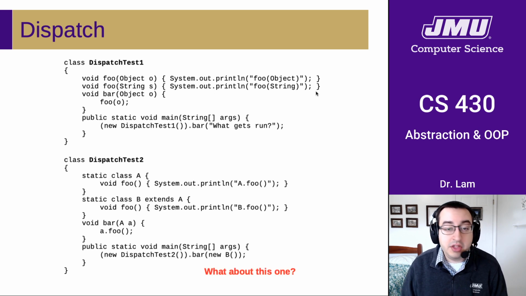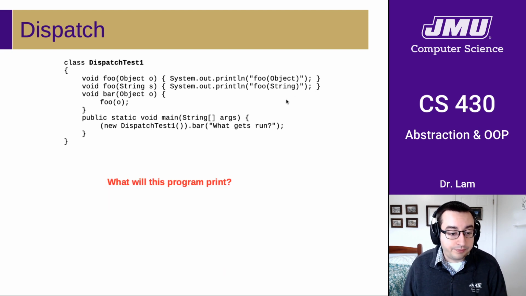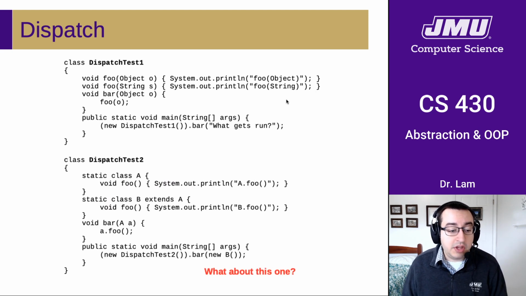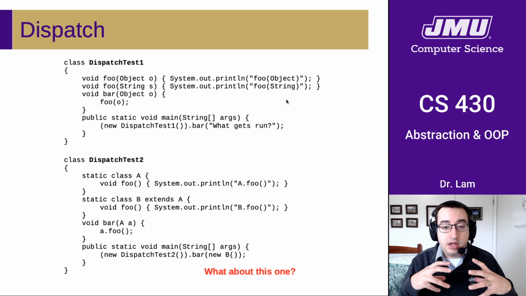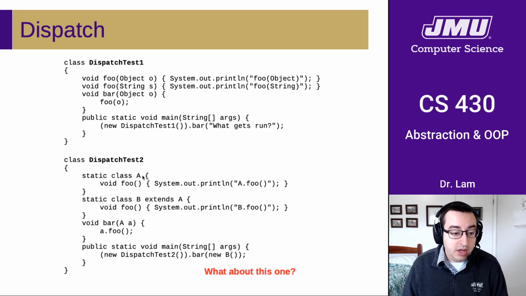So what do you think about this code excerpt? This is slightly different. Now we've introduced some inheritance here. We have a class A and then we have a class B that extends A. So A is a superclass of B here, and both of them implement the foo function. A's foo prints A.foo, B's foo prints B.foo.